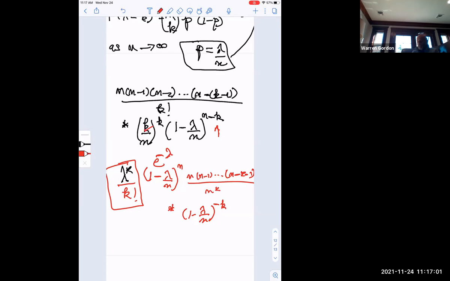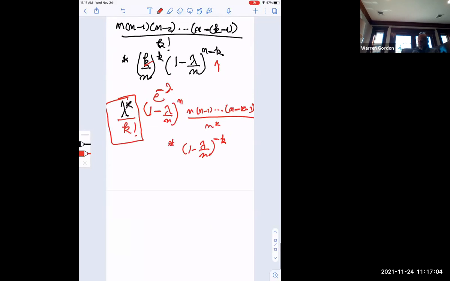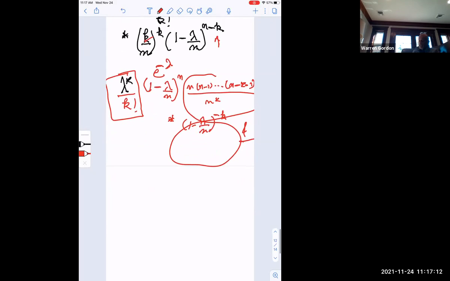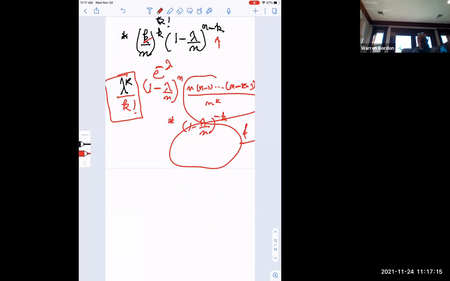And all of these terms go to 1, because we have k of these. So we see that the limit as n goes to infinity of the binomial can be approximated by a Poisson.